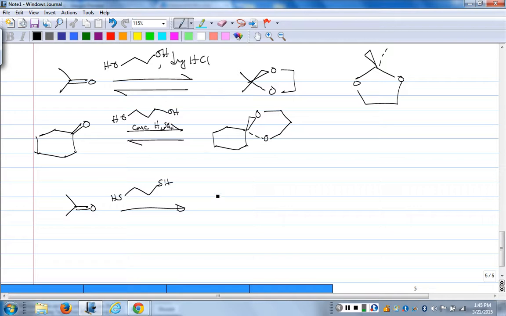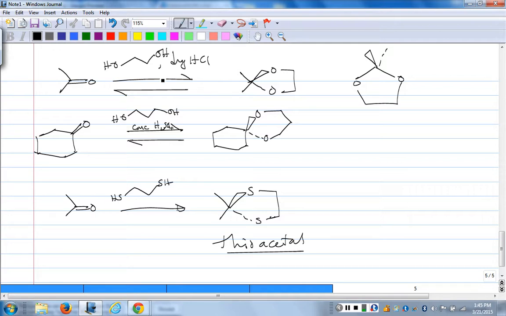There are two noticeable differences. One is that the product is called a thioacetal, and in general, whenever sulfur replaces an O, you just use the word thio to indicate the sulfur. But the reaction goes to completion. It's not an equilibrium as the top reactions. It goes to completion and doesn't require an acid.